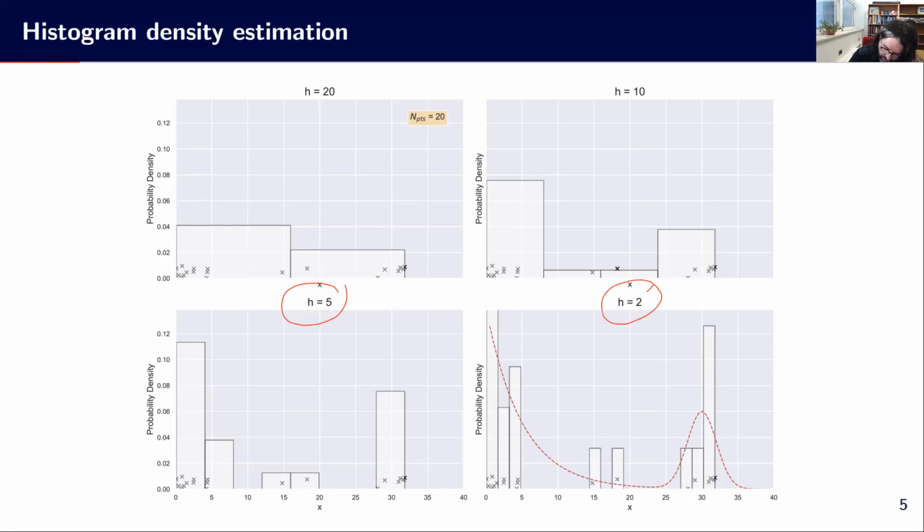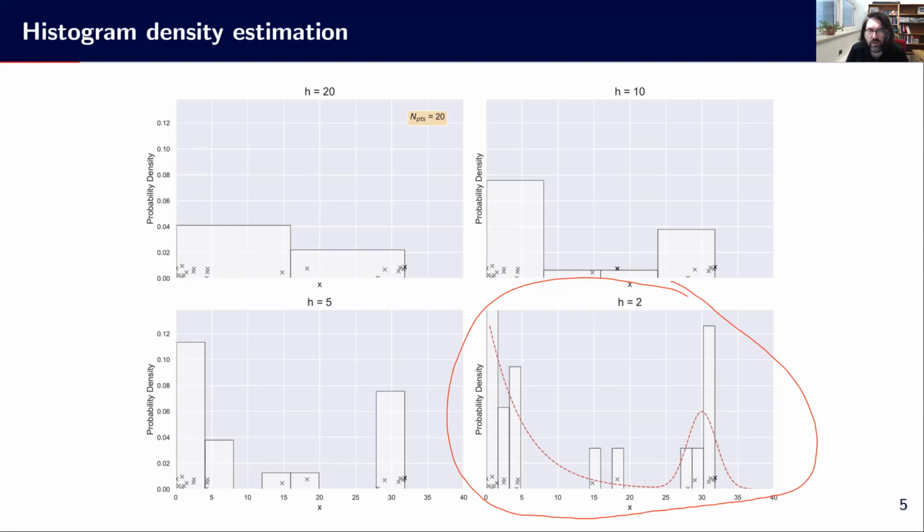And even here, we have something even finer on the bottom right. And this is maybe too fine because we have this kind of artifacts here, which are not that meaningful, but because we have only 20 samples, when we have quite small bins, getting one sample outside would have an effect on the estimation. And we see in that same histogram the real distribution, which is the dashed red curve.